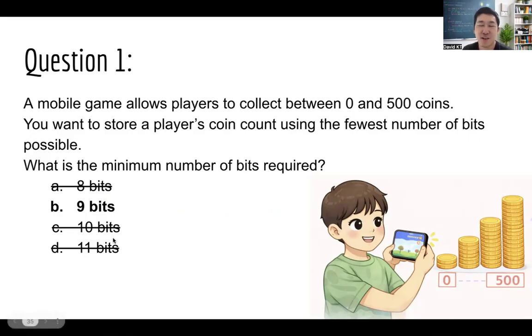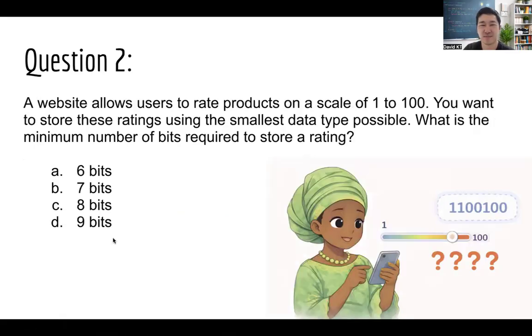Go ahead, figure out on your calculator what 2 to the 9th power is. Question 2. A website allows users to rate products on a scale of 1 to 100. You want to store these ratings using the smallest data type possible. What is the minimum number of bits required to store a rating?